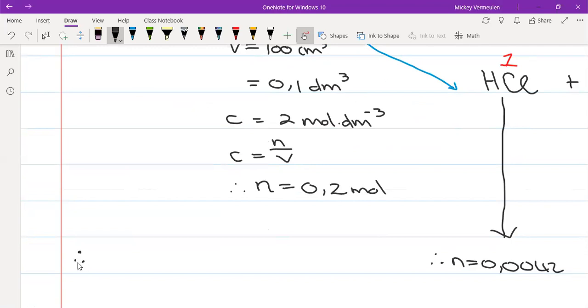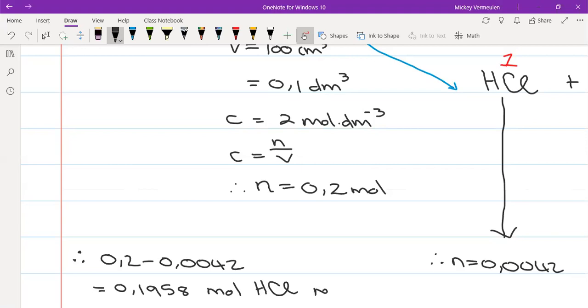So if we started with 0,2 moles and we now calculated that we had 0,042 moles in excess, if we take the difference between the two, 58. That means that 0,1958 mole of hydrochloric acid reacted with the magnesium oxide. Right.